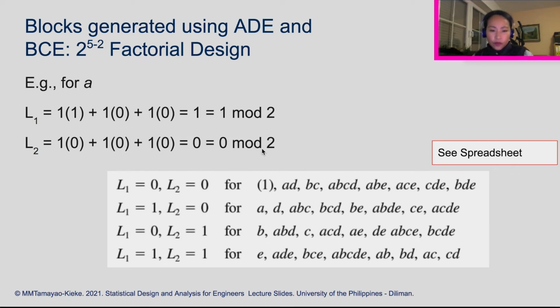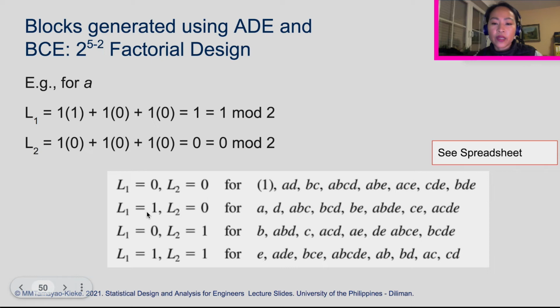Now, if we do the same for all the other treatment combinations, we would find that there would be 4 groups, corresponding to the combinations of L1 and L2 taking on either 0 or 1. For the first group, L1 is equal to 0 and L2 is equal to 0.